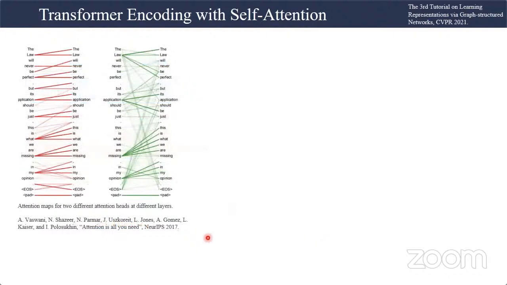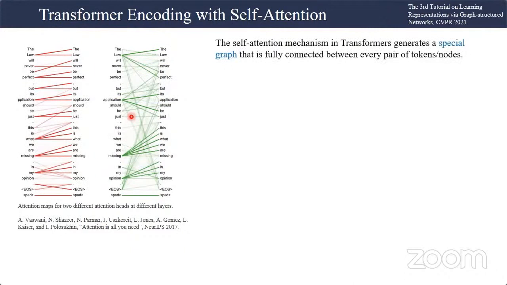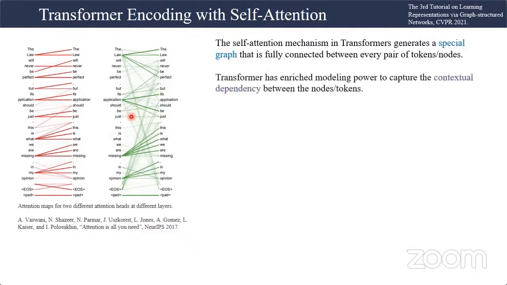On the left, two attention maps for two different attention heads at different layers are shown. We can see connections for different tokens learned at different layers. In a sense, these are also learned graph structures in transformers. There has been an explosive development of transformers in the field. The self-attention mechanism in transformers generates a special graph that is fully connected between every pair of tokens or nodes.